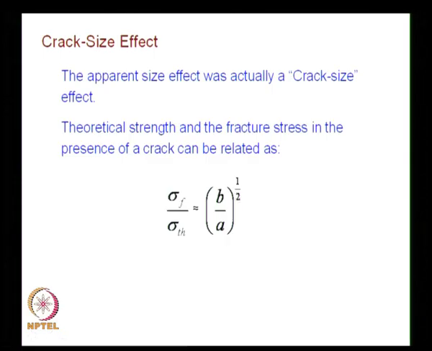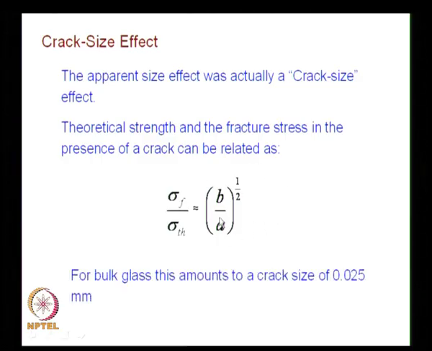So, you can go and find out for a bulk glass what would be the size of the crack. The size of the crack is of the order of 0.025 millimeter, because the bulk glass has this crack length, its fracture strength is far below the theoretical strength.